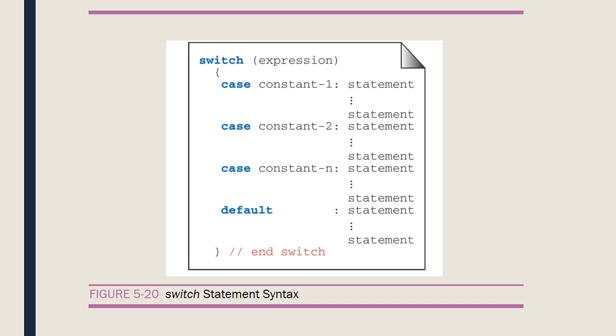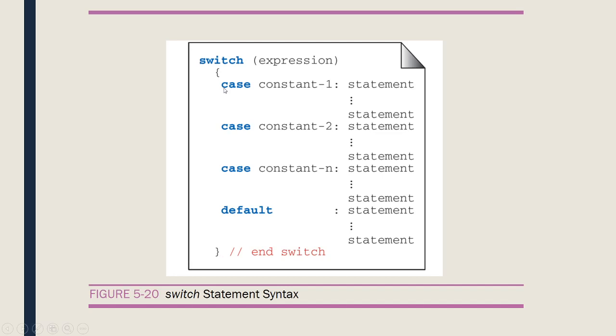So this is the general syntax for a switch statement. We have here the switch keyword followed by a parenthesis. Inside the parenthesis we have the expression. There is no semicolon after the expression. And to enclose the switch statement body, we have the opening curly brace and closing curly brace.